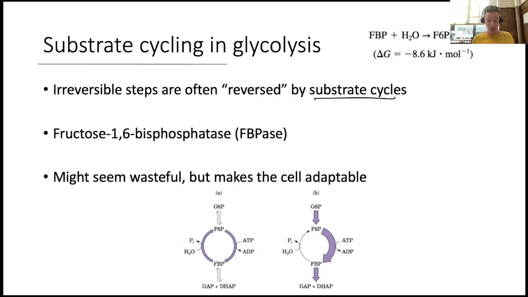For example, we can reverse the reaction performed by PFK with an enzyme called FBPase, fructose 1,6-bisphosphatase. You might think of this as wasteful because that allows us to just go back and forth in the pathway, but actually this makes the cell adaptable, able to maintain homeostasis really well.